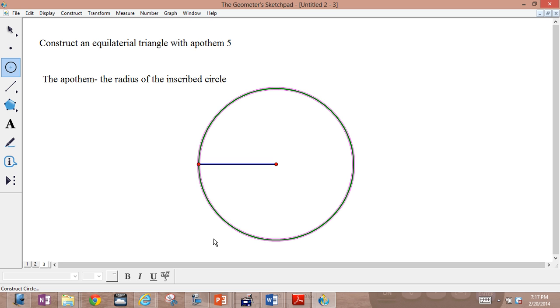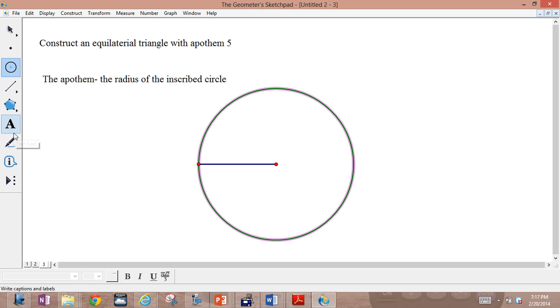Remember, the apothem meets the segment of the triangle at its midpoint.